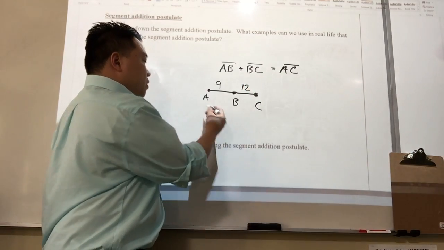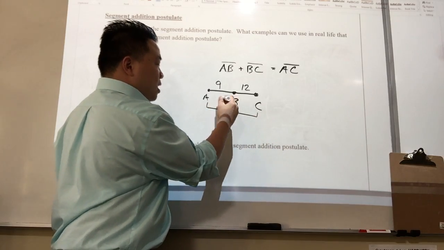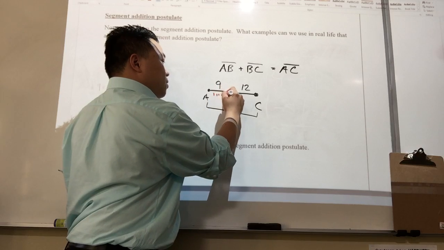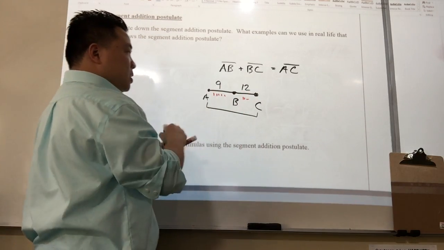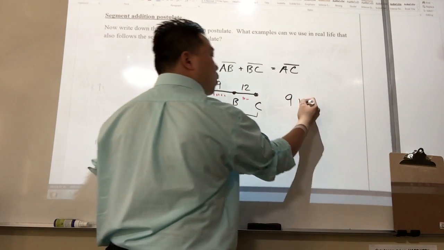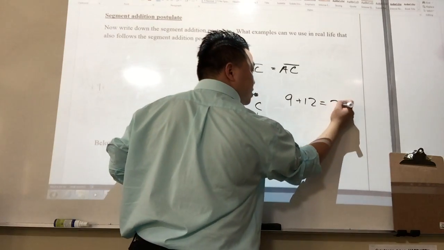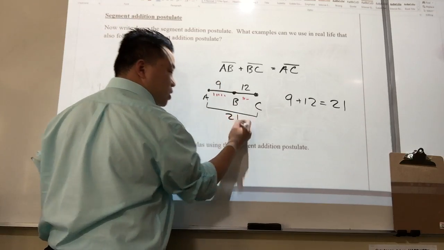If you want to find the whole thing from A to C, you have to add up this one and add it to this one. So AB is 9. BC is 12. And that equals AC, which is 21. So 9, 12, the whole thing is 21.